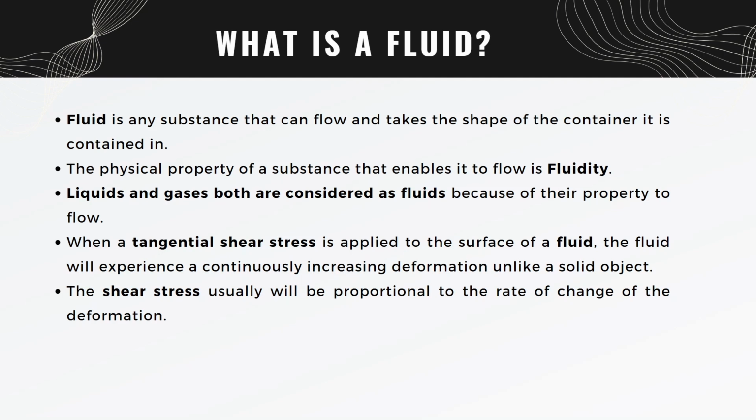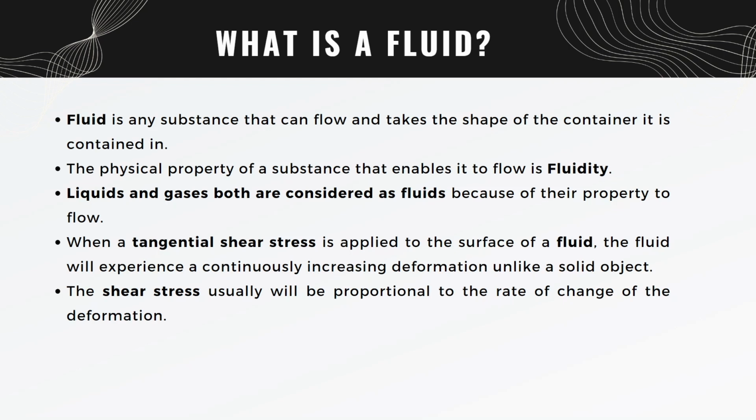Now we will talk about what is a fluid. So a fluid is a term which can be used for something that can flow, right? So a fluid is a substance that can flow, and it can take the shape of the container it is contained in. And the physical property of a substance that enables it to flow is called fluidity, right? So the matter we see around us is basically in three states: solids, liquids, and gases.